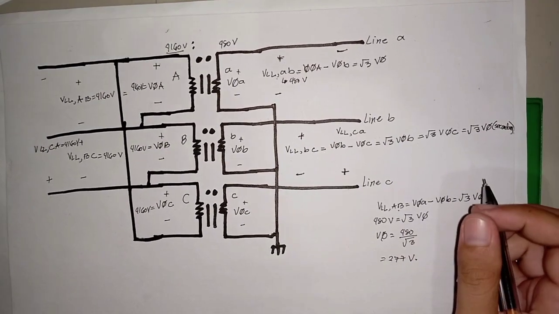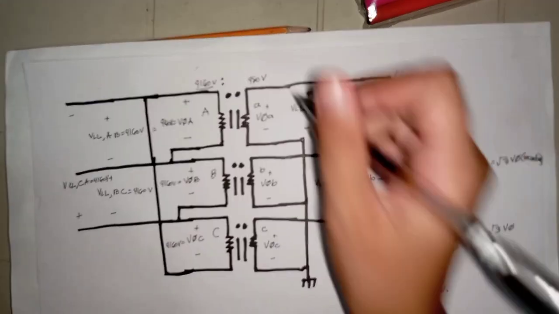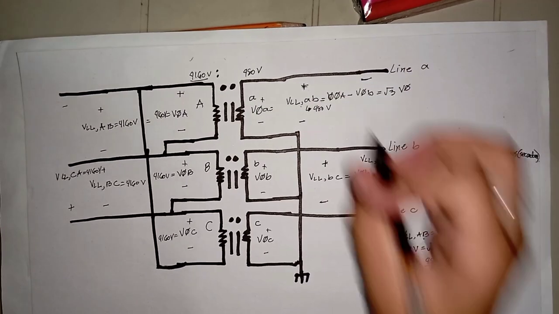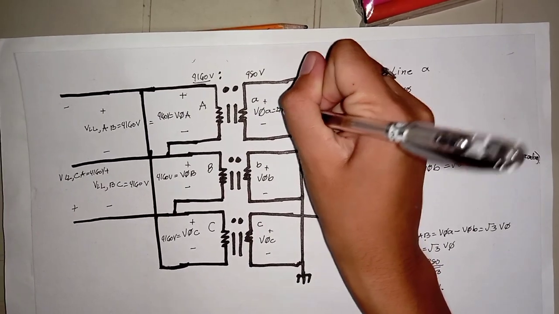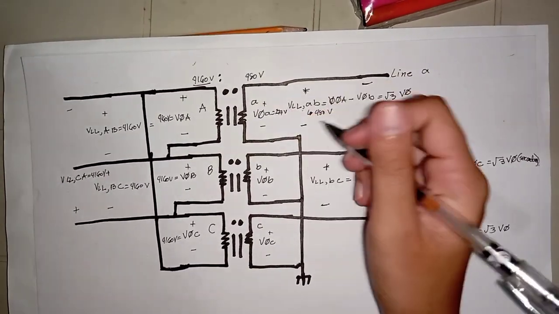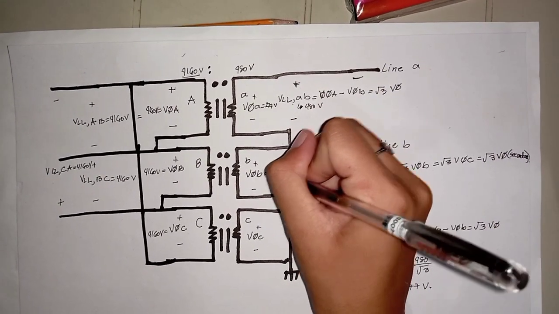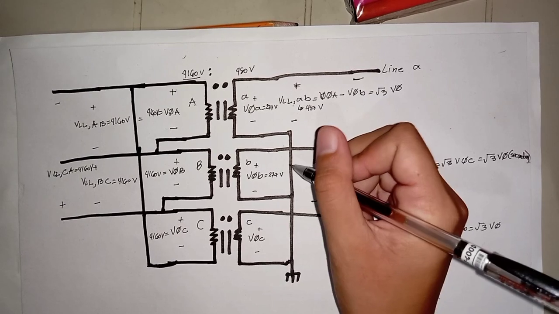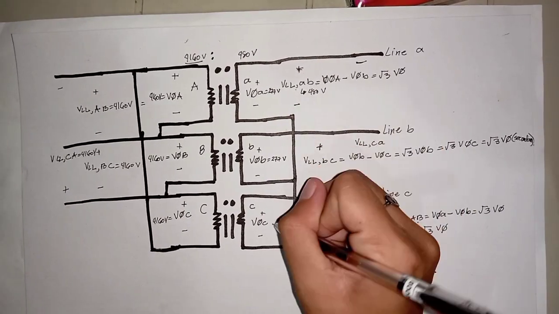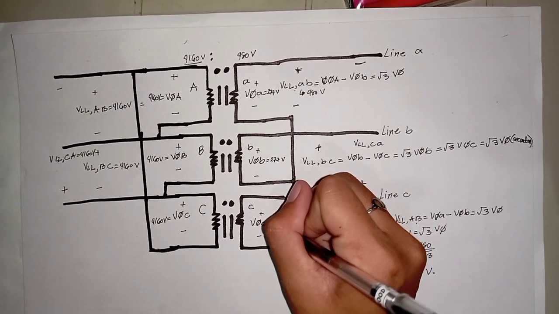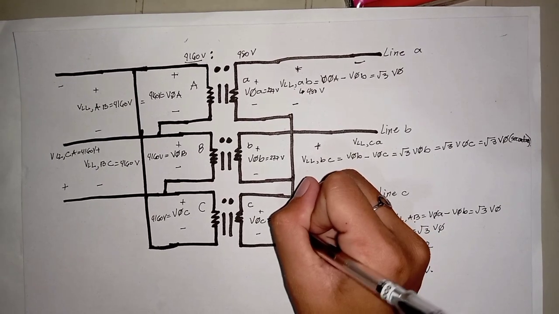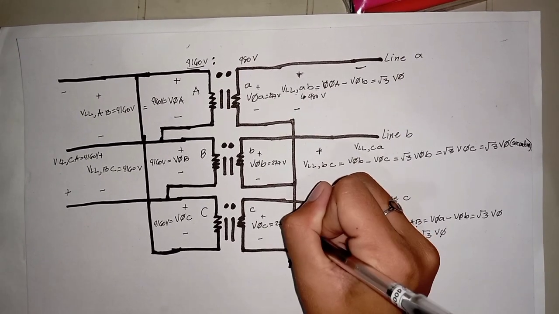So phase A voltage is equal to 277 volts. Similarly, phase B voltage is 277 volts, and phase C voltage is equal to 277 volts.